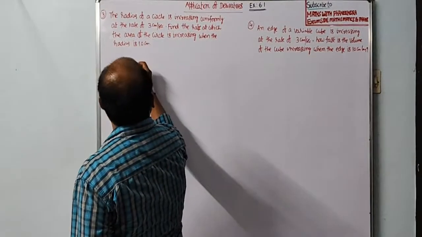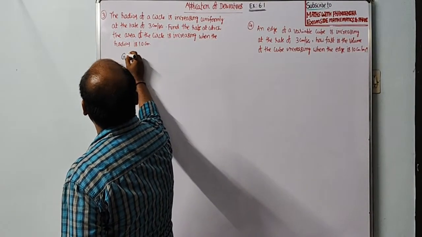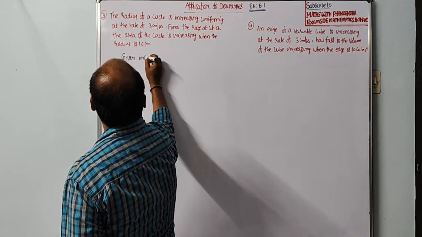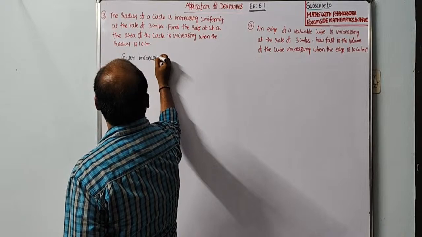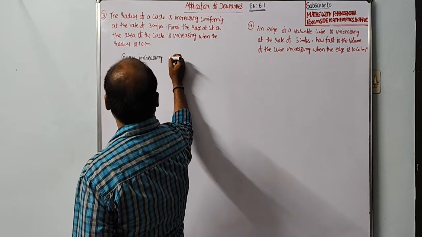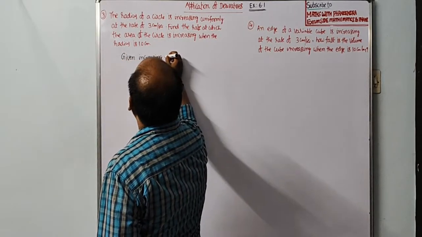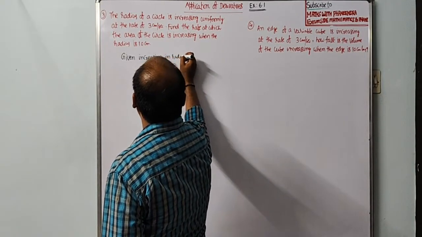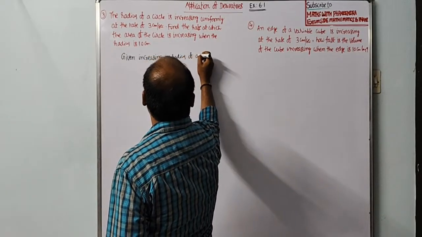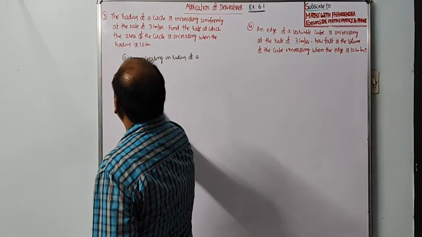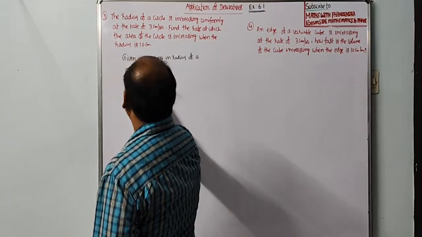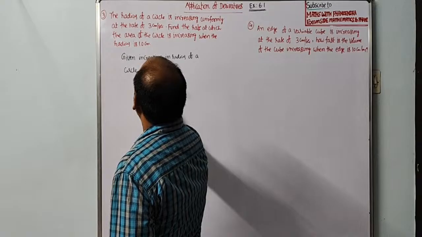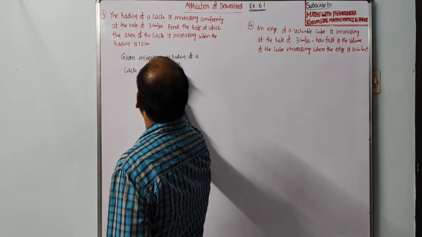Here the increase in the radius of a circle is 3 centimeter per second.